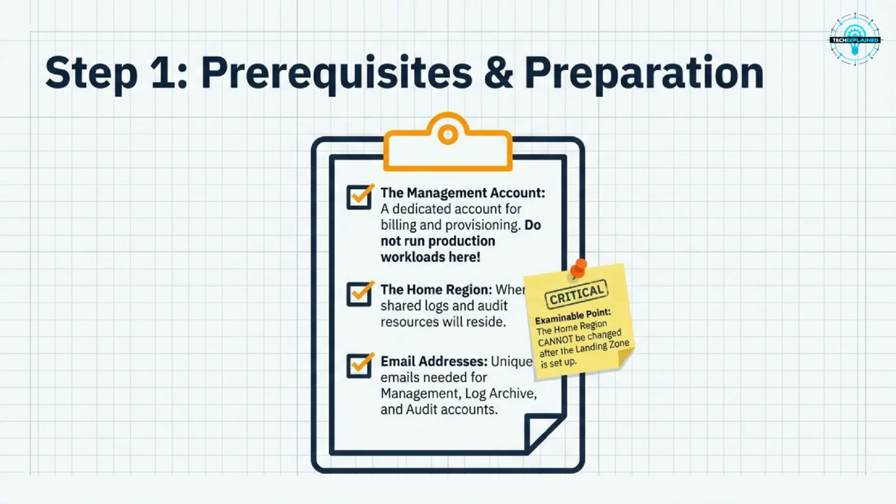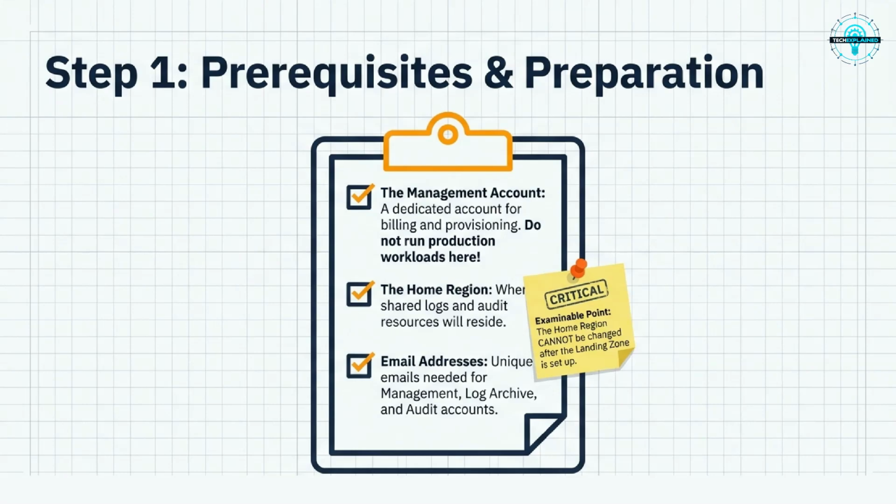All right, enough theory. Let's actually set this thing up. Step 1 is all about prerequisites and preparation. Before you even open the Control Tower console, you need 3 things. Number 1, a management account. This is your AWS organization's master account, the one that will own and govern everything. Number 2, your home region. This is the primary AWS region where Control Tower will be deployed.